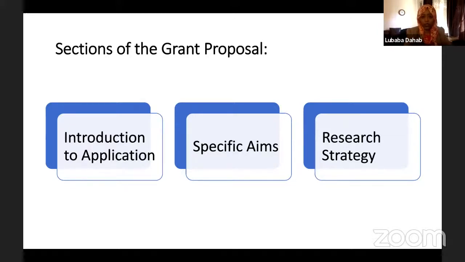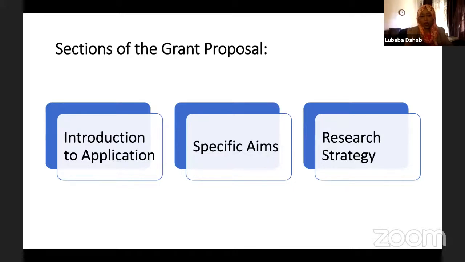It's usually about 13 pages. It has 3 sections. For a new grant proposal, you're going to have an introduction to the application. And actually, no, the introduction to the application is for resubmission. So the new application is going to start with the specific aims and the research strategy.